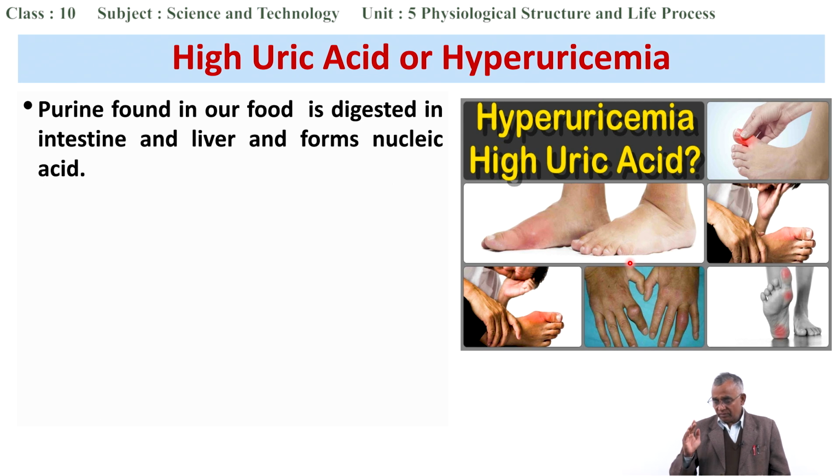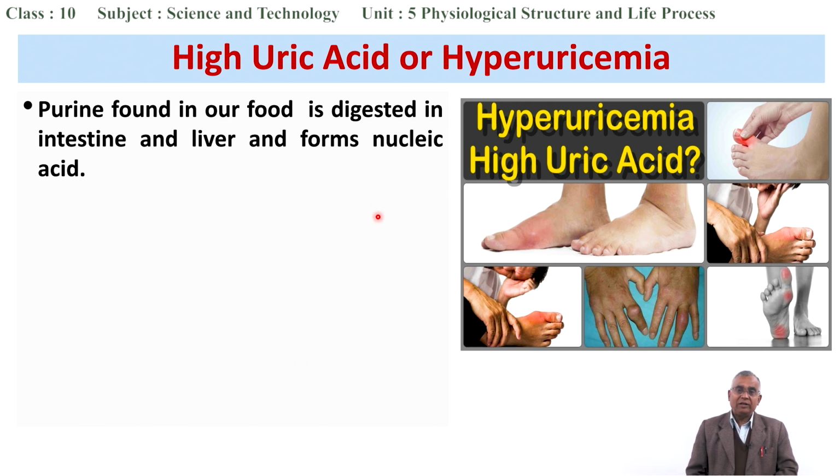Purine is a chemical substance, a chemical compound, that is found in food. Some foods have less purine in them, some have more, especially proteins. Protein-rich foods have more purine, and they are digested in the intestine like other food, and in the liver also. They are broken into simpler things and form nucleic acid.